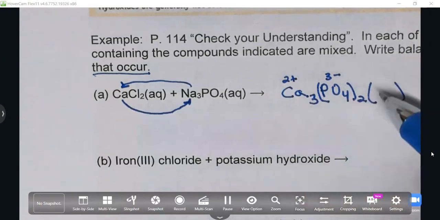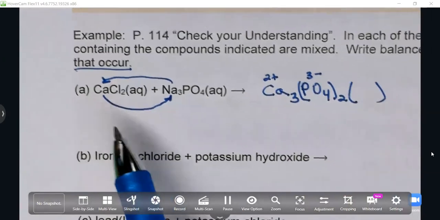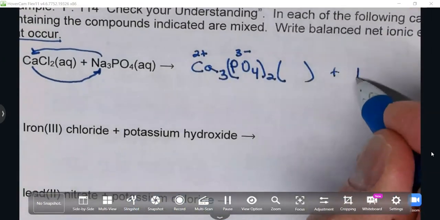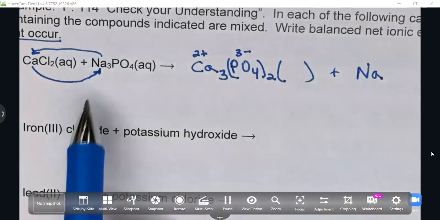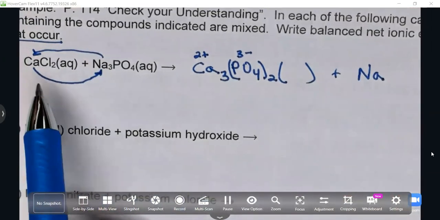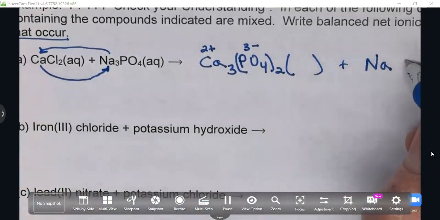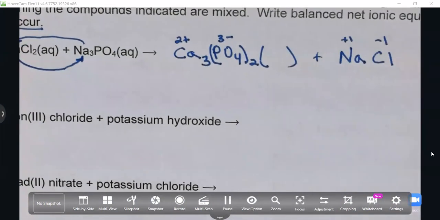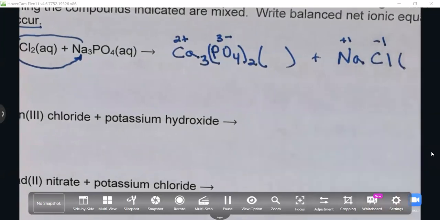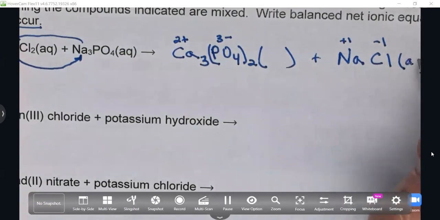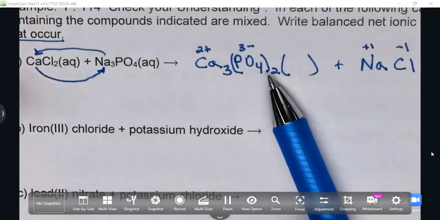If you're not sure if it's soluble, just leave it blank for now. And then sodium takes the place of calcium, so we're going to end up with sodium chloride, +1 and -1. This for sure is aqueous. What about calcium phosphate?